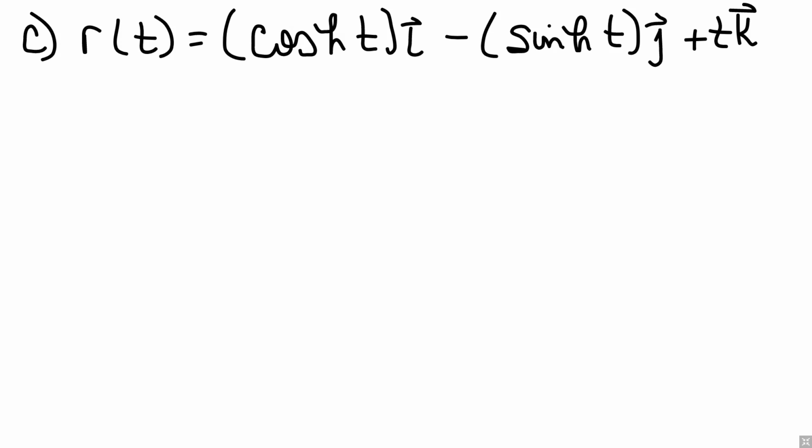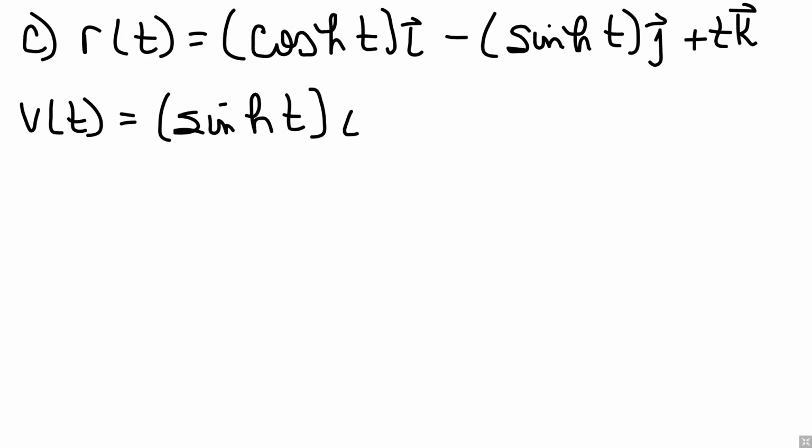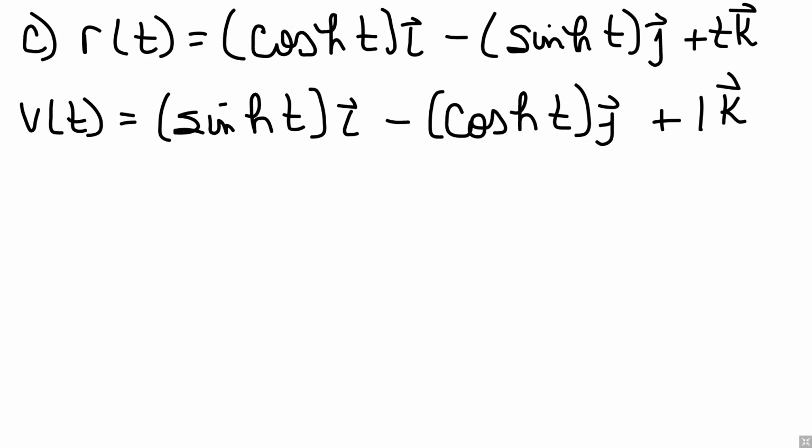Okay, so let's start off with the unit tangent. So we need the velocity vector first. So if we find the velocity vector, we're going to end up with hyperbolic sine of t in the i direction minus hyperbolic cosine of t in the j direction plus 1 in the k direction. Okay.